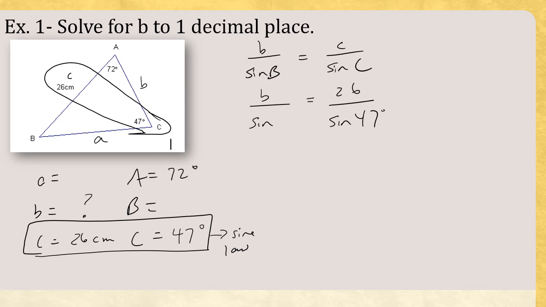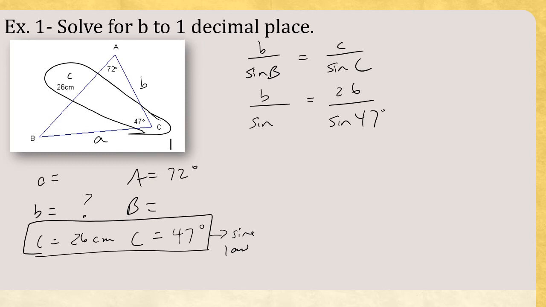Now we run into a problem. I actually have two unknowns. I don't know what side b is, and I don't know what angle B is. I do have an easy way, though, to find angle B. Does anybody know how you could find angle B? Shout it out. If you know the other two angles, how many degrees are there in a triangle? Well, there's 180.